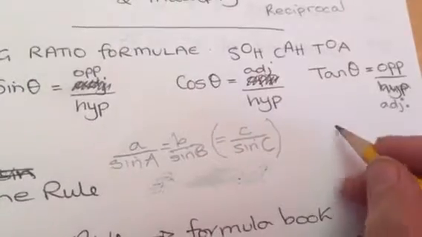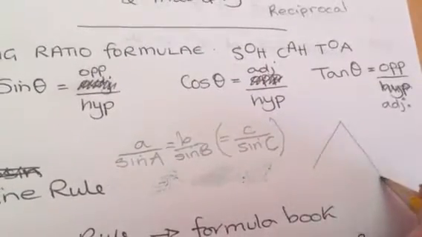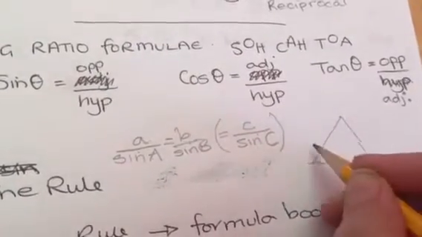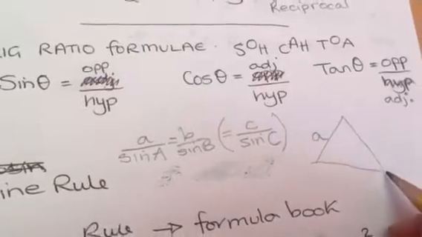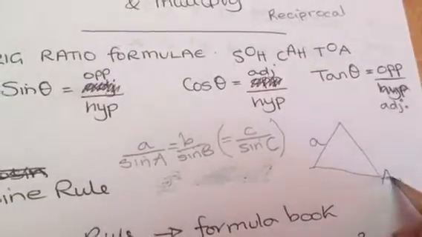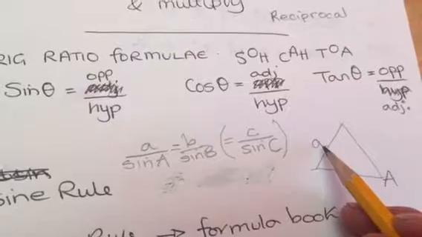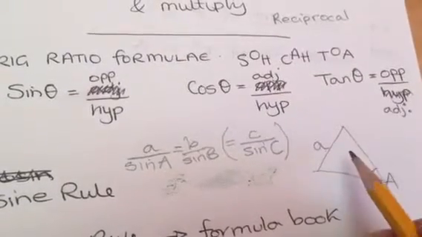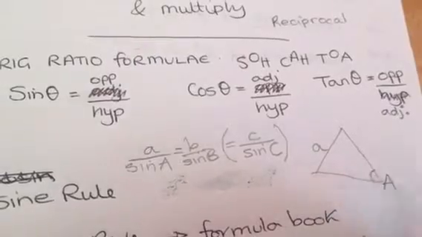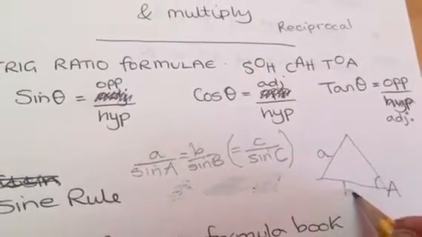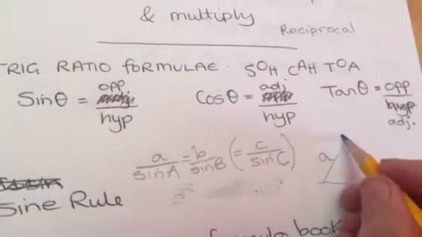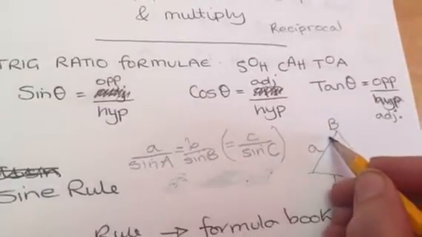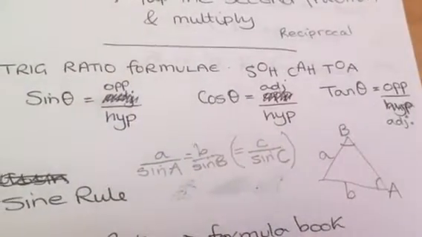So if you have a triangle, the way it's labelled, if this is A, this is capital A. So side a is opposite angle A. So this side divided by the sine of this angle is equal to this side divided by the sine of this angle.